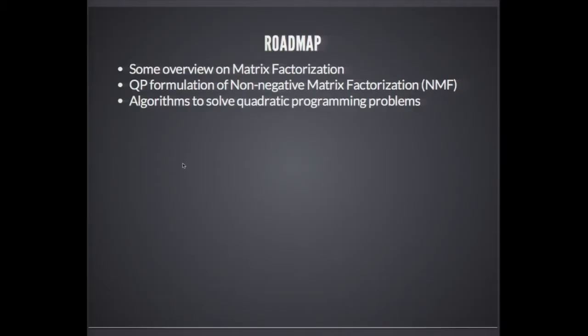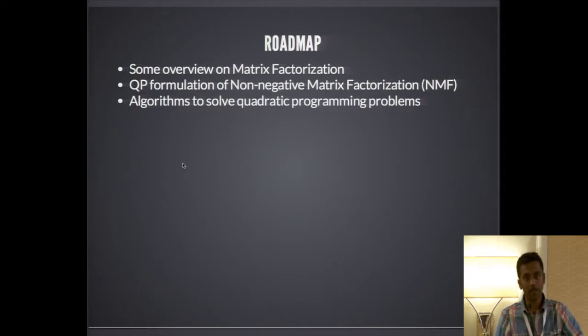So what to expect from this talk? Primarily, we'll talk a little bit about what matrix factorization is, and then focus on the formulation for non-negative matrix factorization. In that context, we'll introduce two different kinds of algorithms to solve a particular quadratic minimization problem.